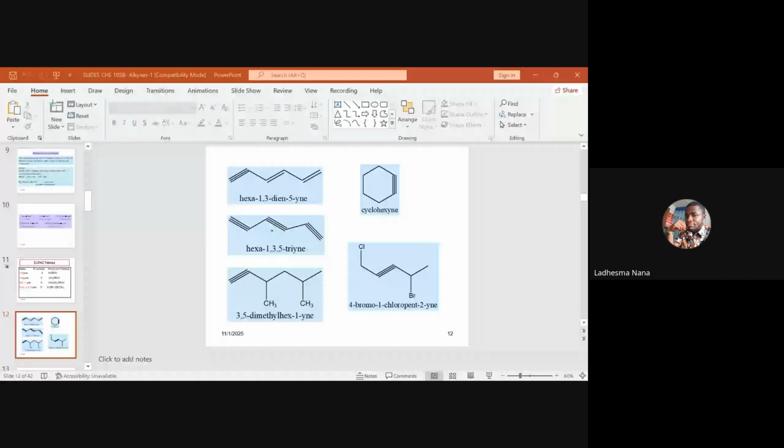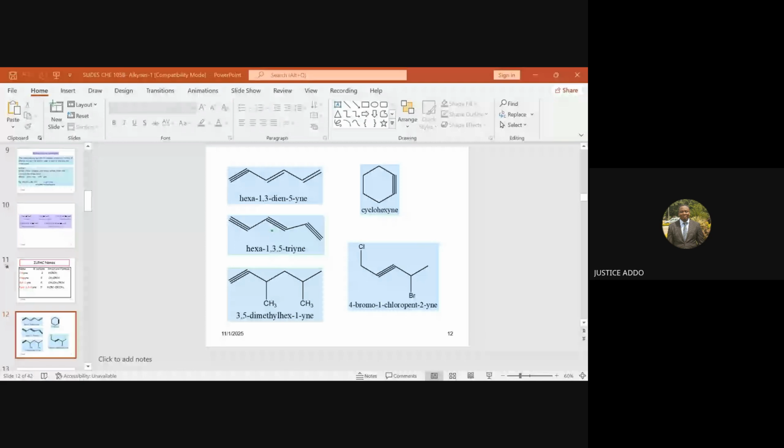You know the structure very well. That's why we get a hex over there. But yes, the yne indicates a triple bond. So when naming this structure, you don't normally look at the location of the yne. That's why we didn't indicate the number over there. Okay, that's a good question.